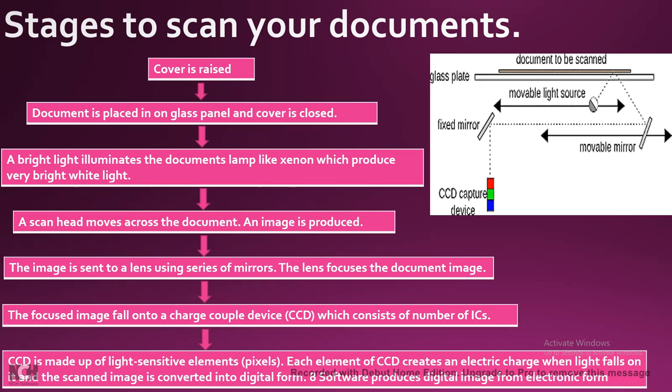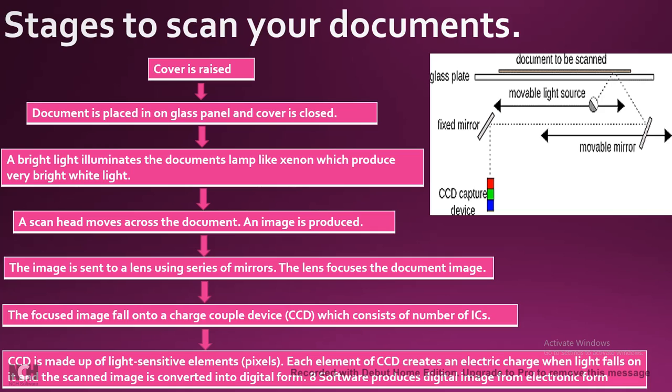Each element or pixel of the CCD creates an electric charge, and then converts it into digital form, or we can say sends it to your computer as digital data. So these are the steps or stages included during scanning.